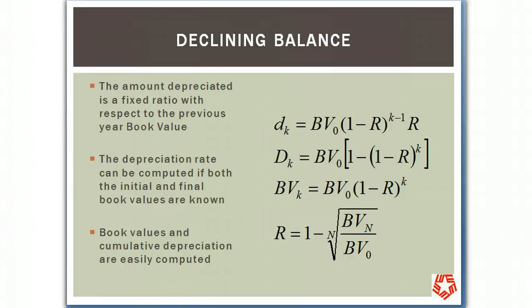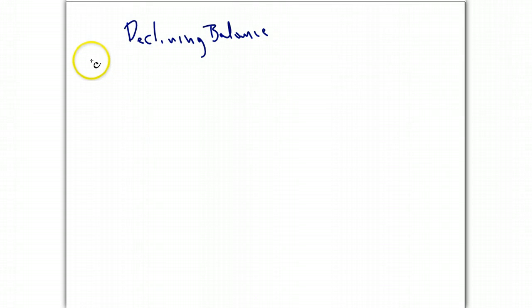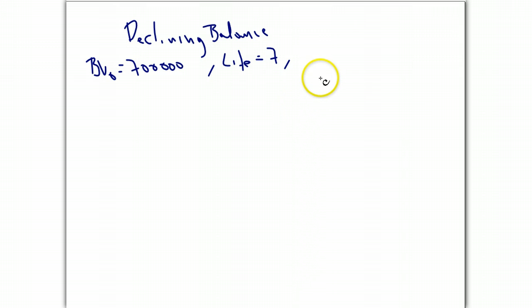Let's compute an example. Let's start with the initial book value at 0, again, of 700,000. Again, we're going to use a life of 7 years. But now the method requires us to have a corresponding salvage value, so we need to specify the book value at n, that is at 7.